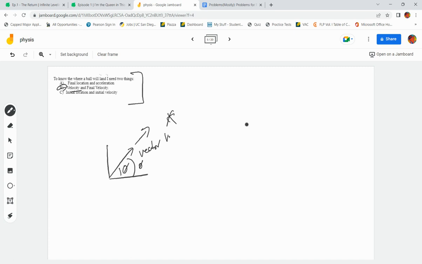So, wait, that's wrong. That's wrong. Initial location and initial velocity is c. C is the answer, sorry. And we need the starting point. We need the initial location.